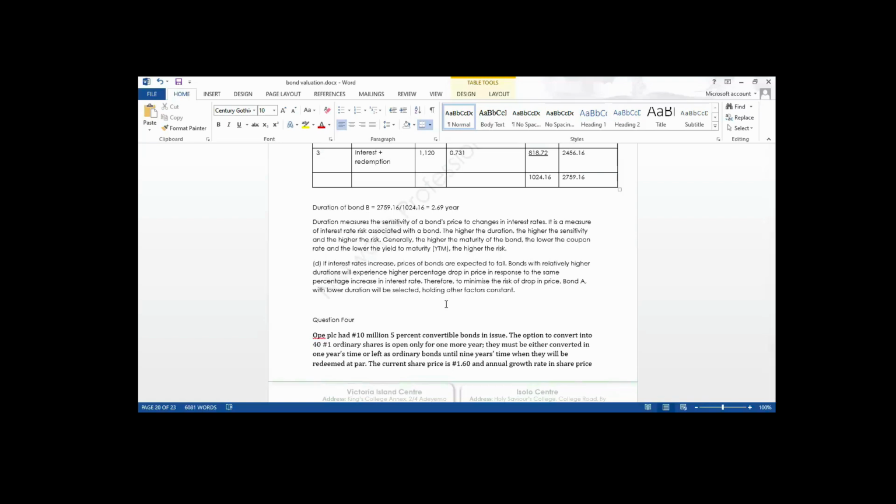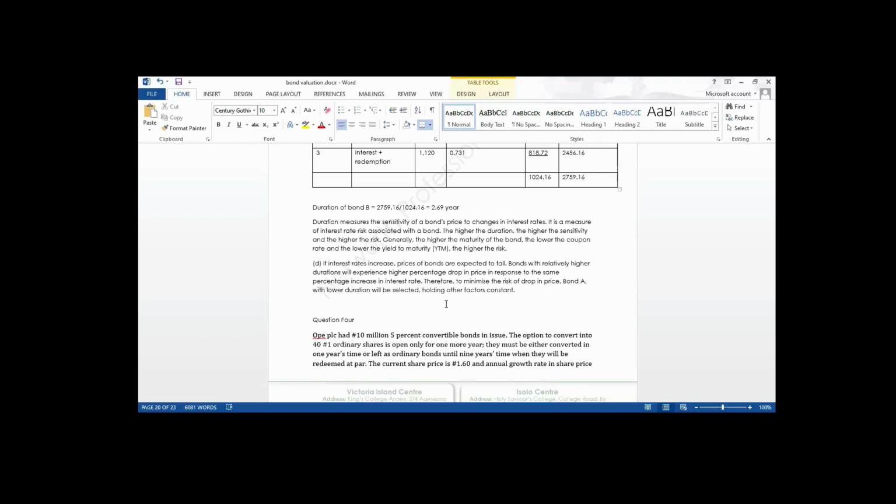If interest rates increase, prices of bond are expected to fall. Bond with relatively higher duration will experience higher percentage fall in price in response to the same percentage increase in rates. What we are saying is, if interest rate rises, generally the value of bond will fall.